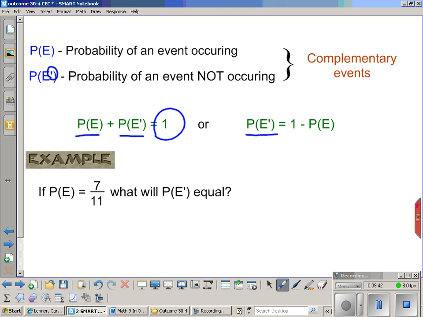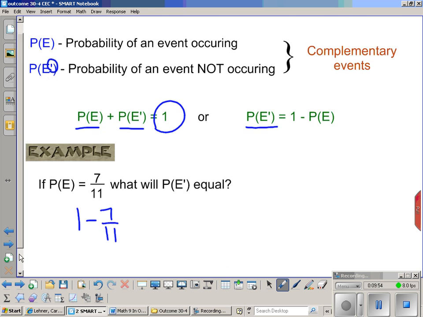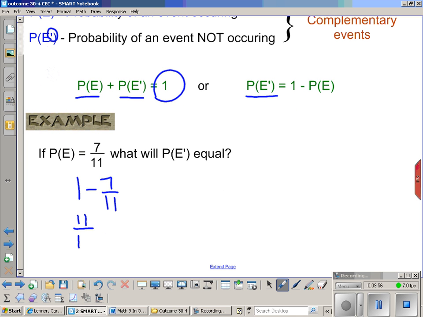Remember, the probability of the event plus the probability of the complement equals 1. So we could go 1 subtract 7 over 11, which becomes, if we're showing every step, 11 over 11 minus 7 over 11, which is 4/11. So the probability of the complement is 4 out of 11.